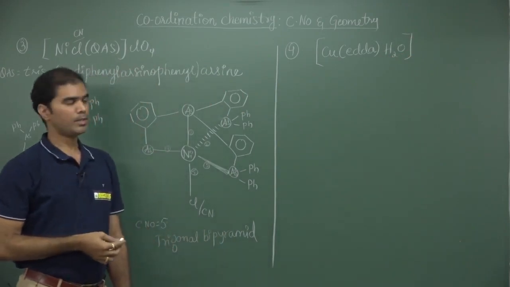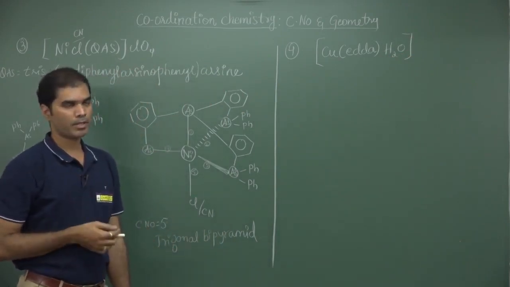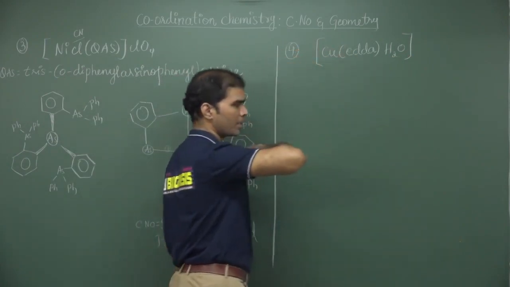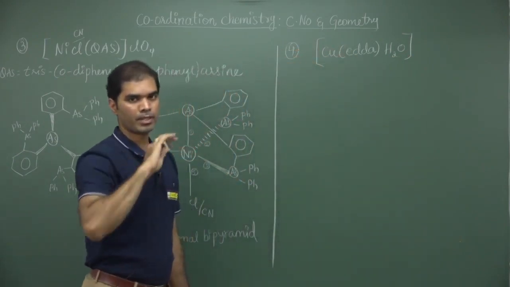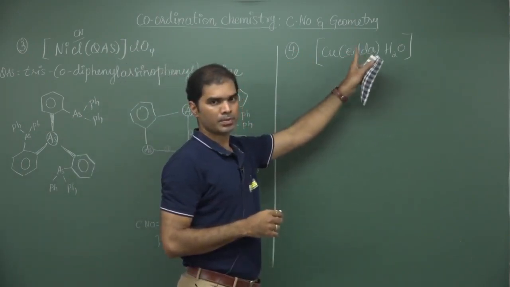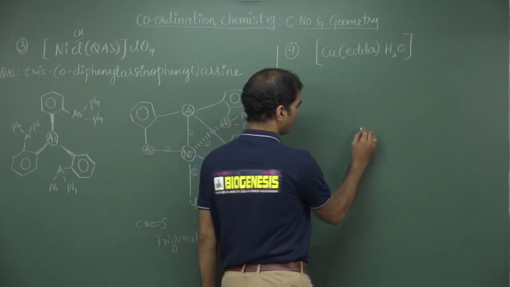EDTA, just looking at that ligand you might have got some idea. It is related to EDTA, ethylene diamine tetraacetic acid or ethylene diamine tetraacetato is one ligand. This is EDTA, ethylene diamine diacetato, tetraacetato, diacetato, that is the difference.